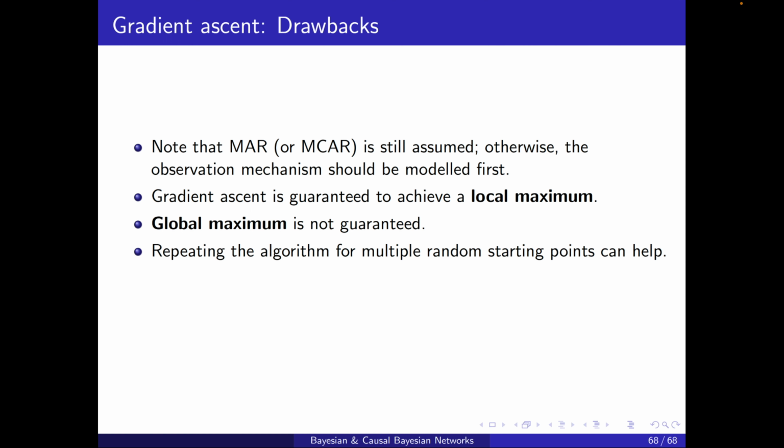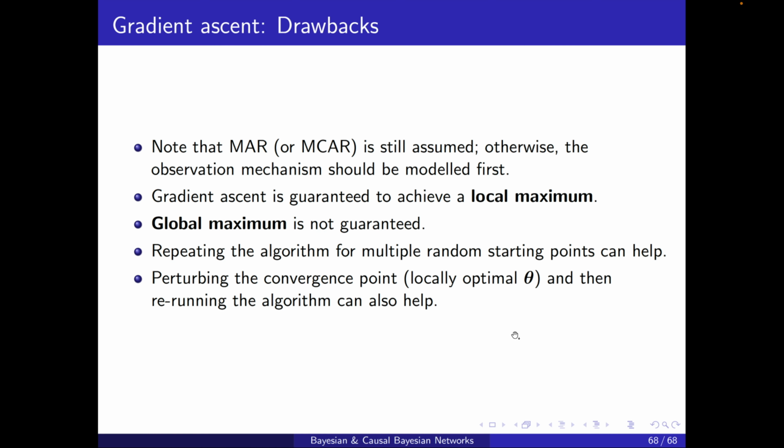Okay, this is a drawback. It is an approximation. That's exactly why it's an approximation. Repeating the algorithm for multiple random starting points can help to get a better estimation of this global maximum.